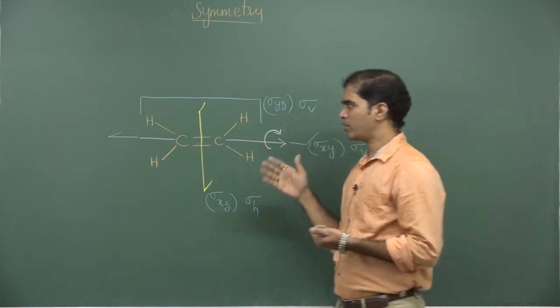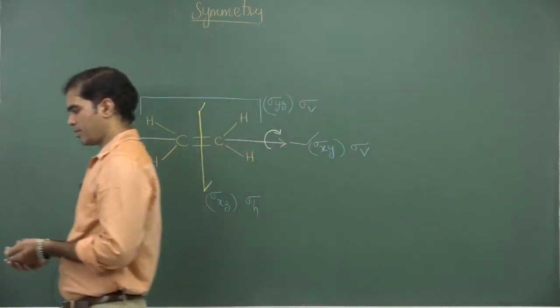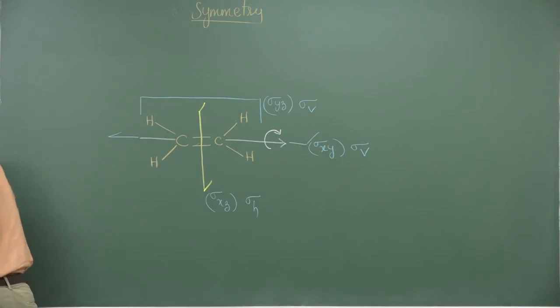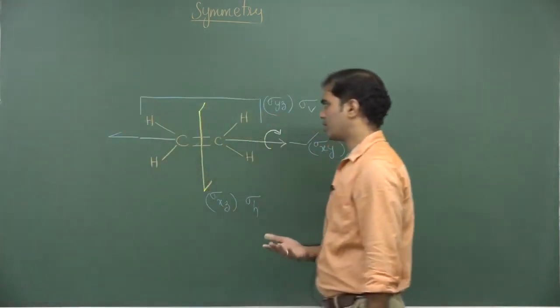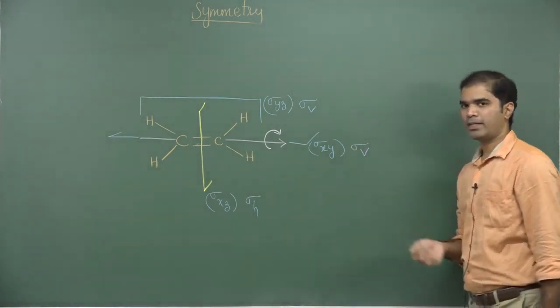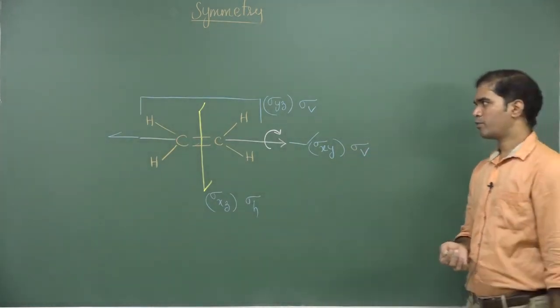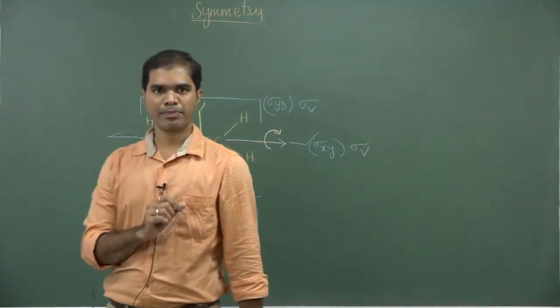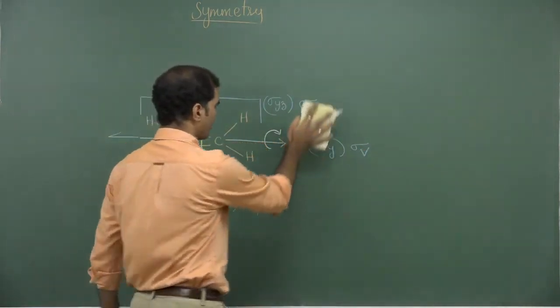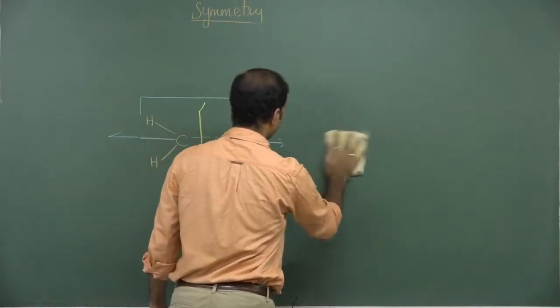That will be more useful for our group theory considerations. This is with respect to plane of symmetry. We have chosen some simple examples such as water, ammonia, BCl3 and ethylene. Also we have tried to differentiate what is a sigma v, what is sigma h and what is sigma d. For sigma d we will take a couple of examples.